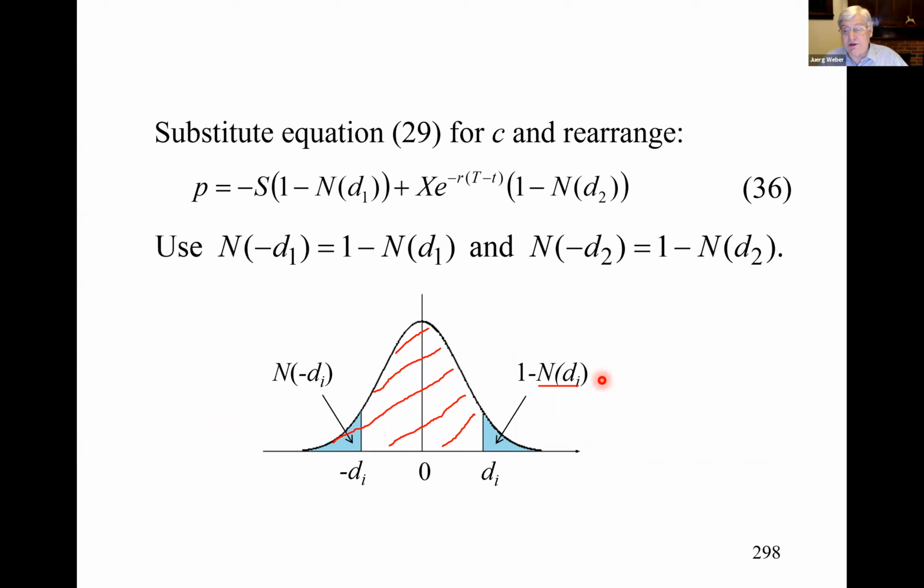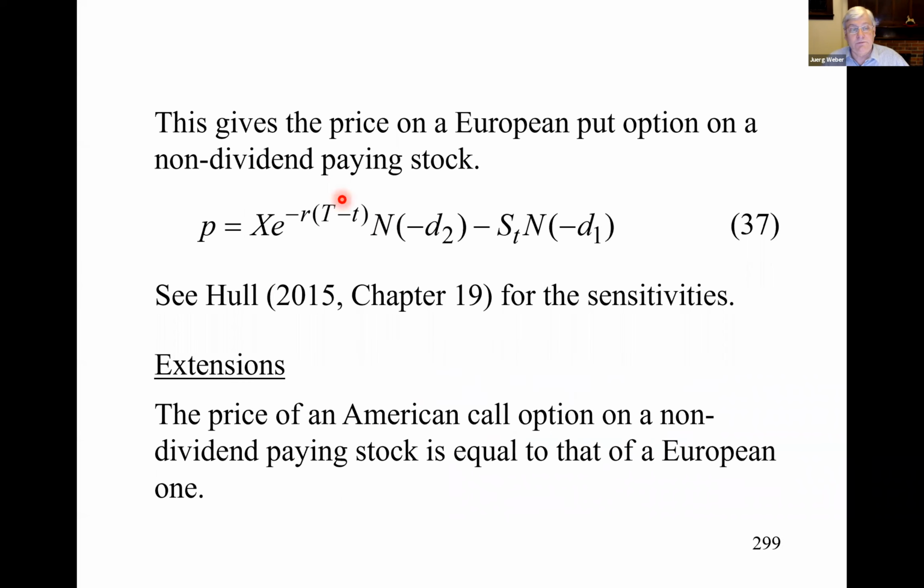So this blue area must be equal to that blue area, which goes up to minus D1 or D2. So I will now write that here instead of this, which makes it a bit easier. And then it's usually written down like this.